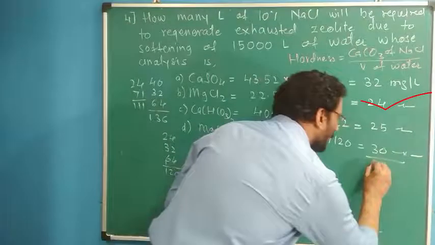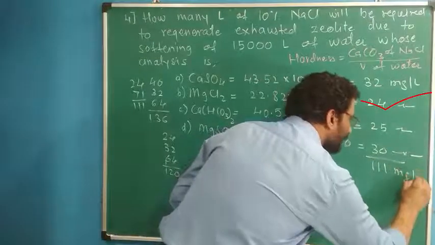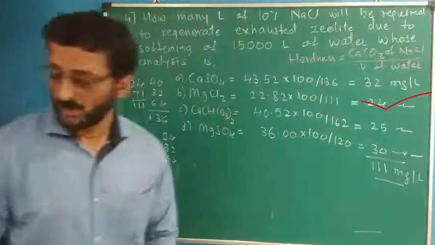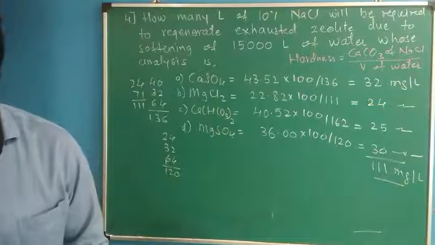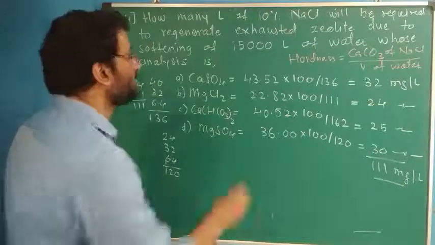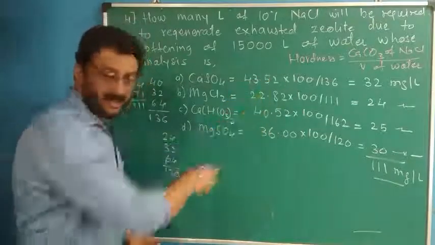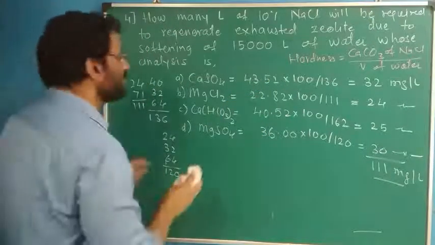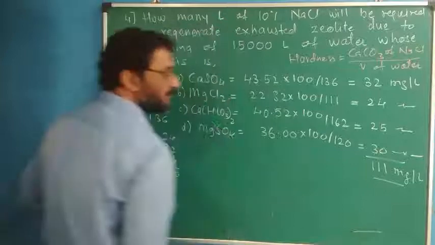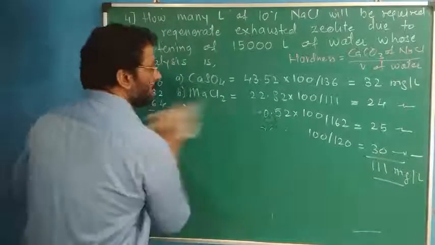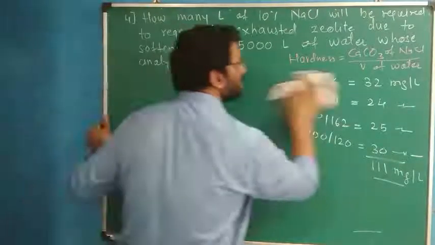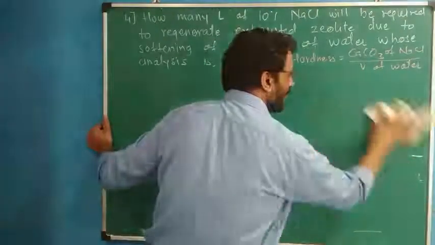Round figure is 111 milligrams per liter. Isn't it? This is the hardness of the water. So this way we get the hardness. Fine. Total hardness is 111, round figure. That we can make milligram of CaCO3 equivalent per liter.